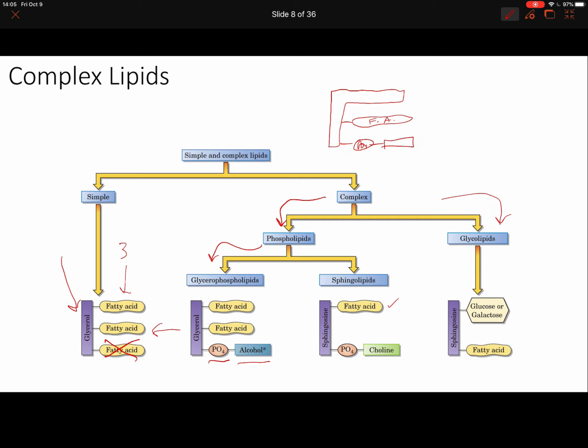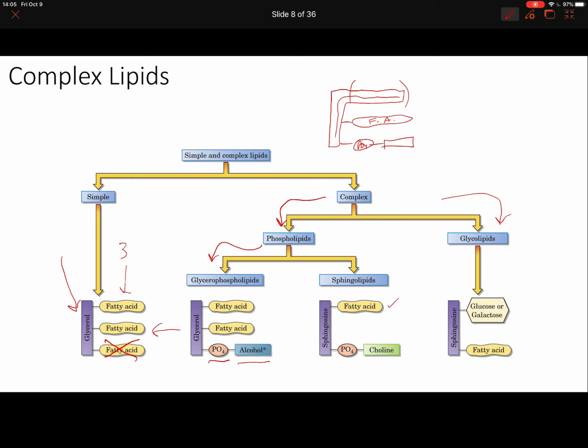The reason I would do that is because the sphingosine molecule itself has a big long fatty acid-like part. So it's similar to the glycerophospholipid in shape. It just doesn't need a second fatty acid attached to it.